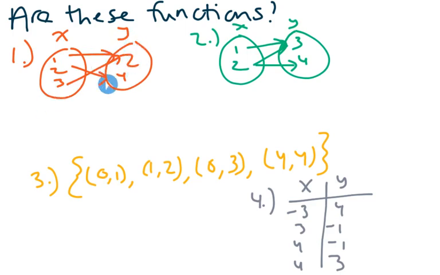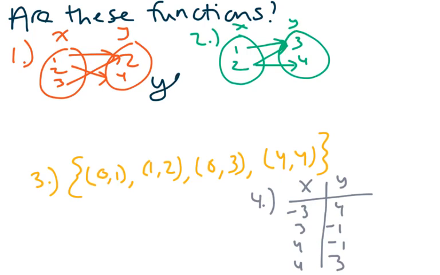Some students will look at the y and say, but wait a minute, 2 different numbers are going to the 2, that means it's not a function. That's totally okay. There's nothing in the definition of a function that says you can't have 2 different x's going to the same y. What it's saying is you can't have the same x go to 2 different y's. So this one is actually yes.